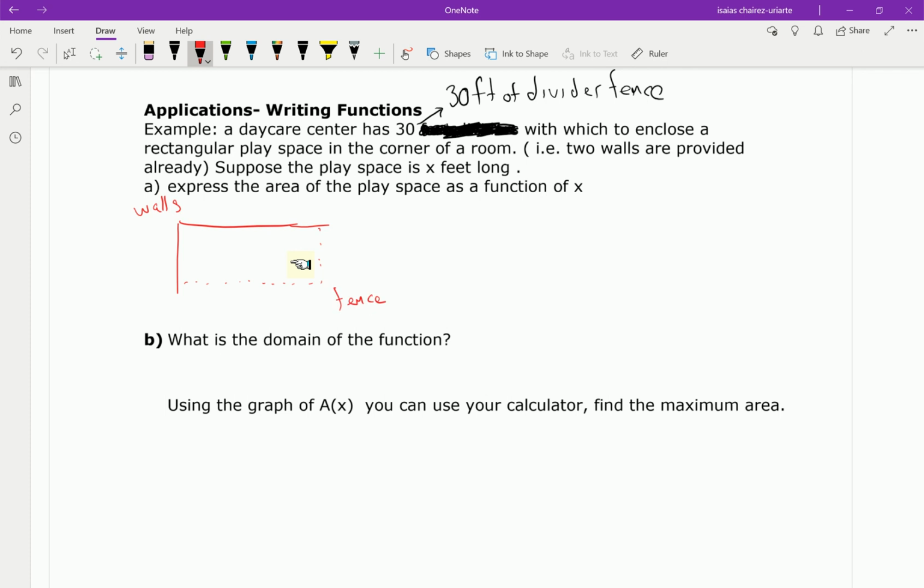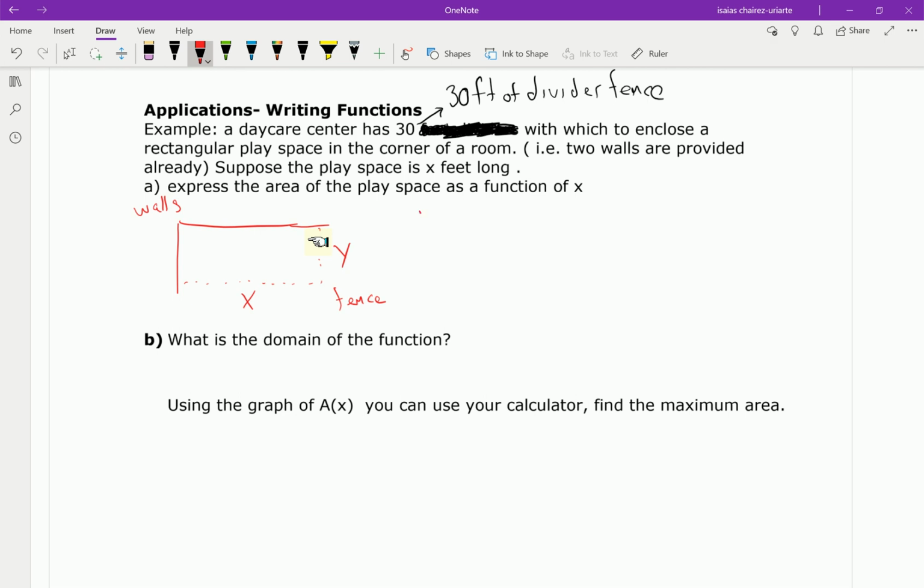They told me that it's a rectangular little area. Kids are going to be playing inside here. We were told that the length of this rectangle is x feet long. So this length is x. Now I would like an expression for the width, and I'm going to call it y right now because I have no idea what it is.